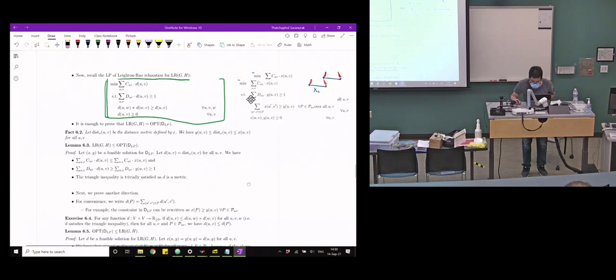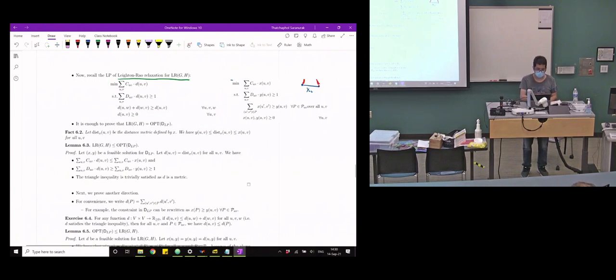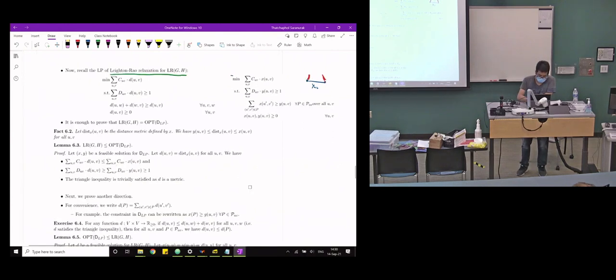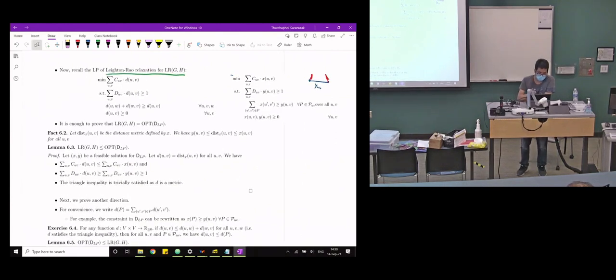We have two LPs that look similar, but we want to show that their optimal values are the same. So how to do this? What we need to do is, given a solution D, find a solution XY such that the objective is at most that, and vice versa. Once we can do that, we are done. Given XY, you can find D too. So we will do exactly that.